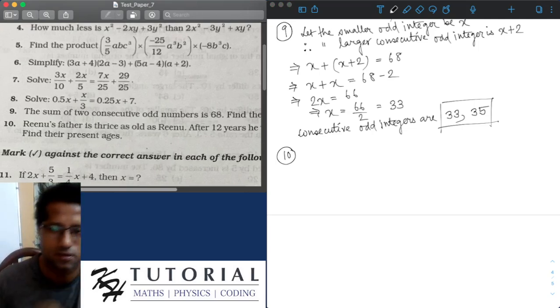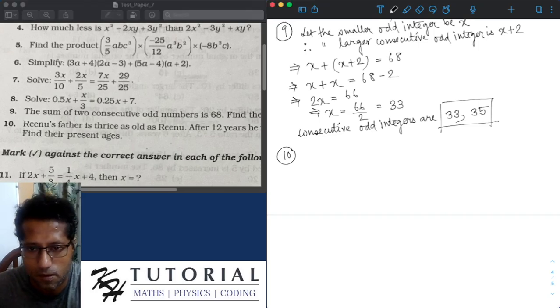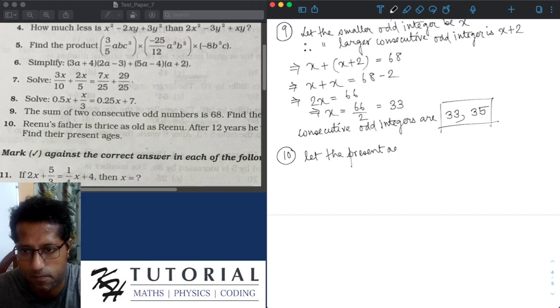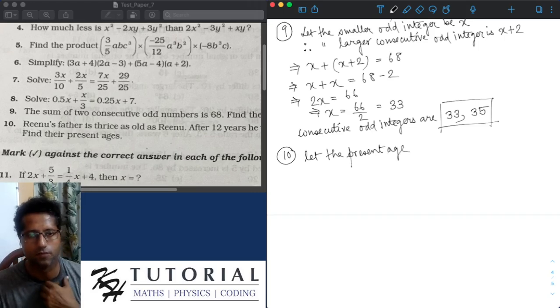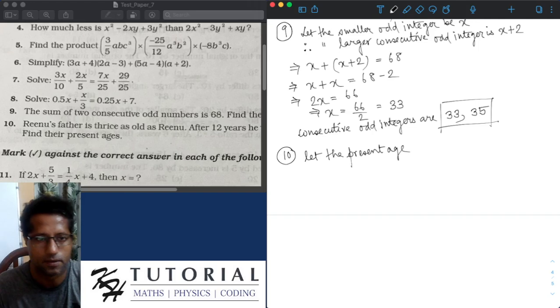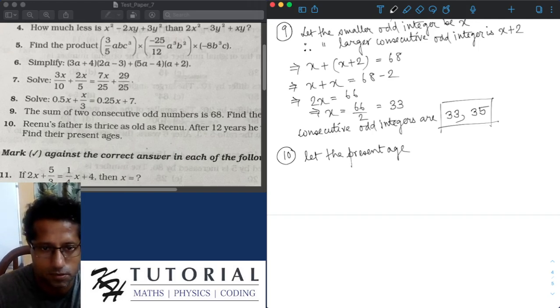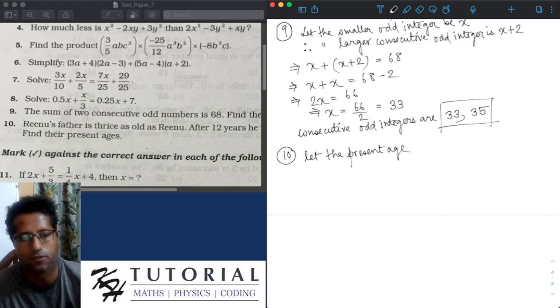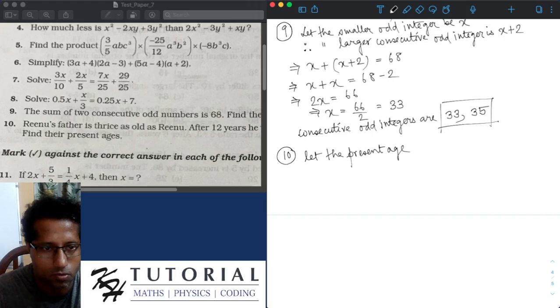Okay, so let's consider the present age. The two unknowns are the age of Renu and her father. But there is a relation given, that Renu's father is thrice as old as Renu. So if we assume the present age of Renu as x, we will know that the present age of father is 3x.